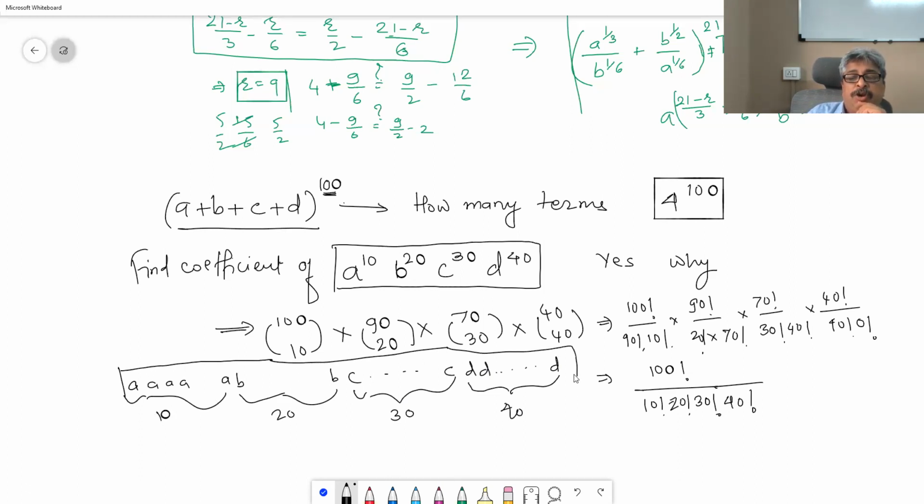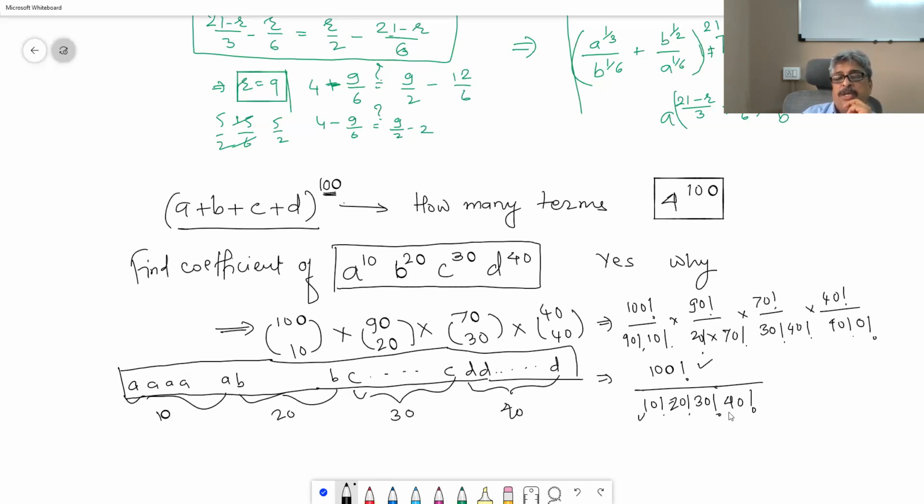So it is a question of how many permutations of 10 a's, 20 b's, 30 c's and 40 d's, permutation with repetition. Total numbers 100. Repetition of a, 10 factorial.